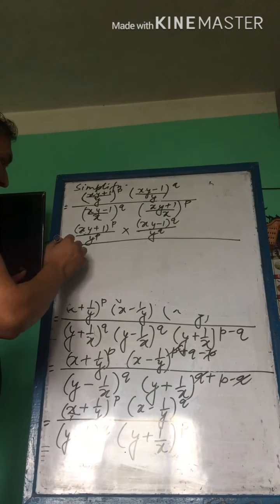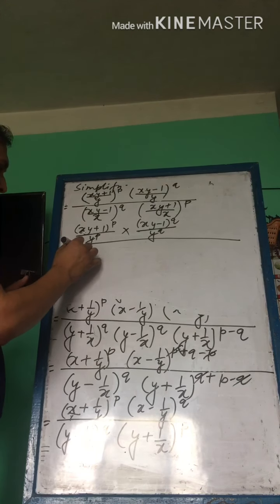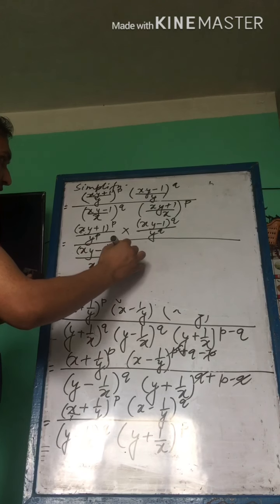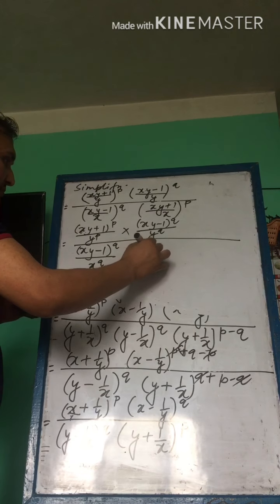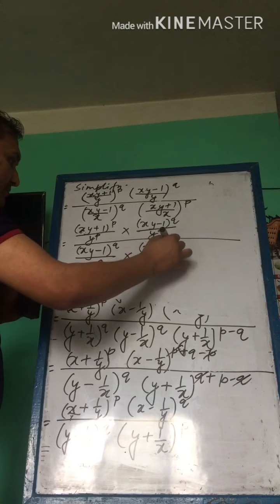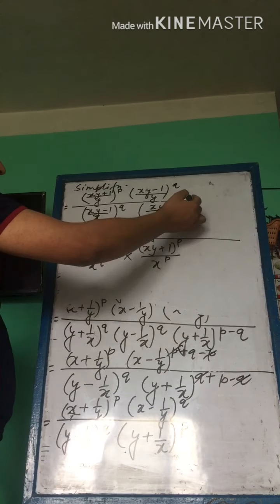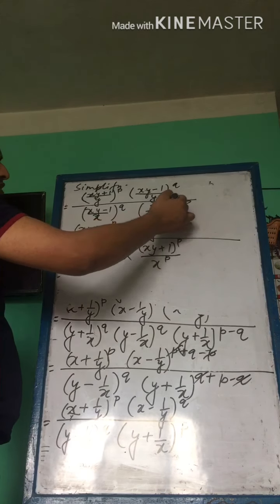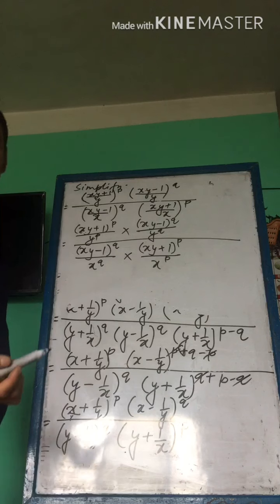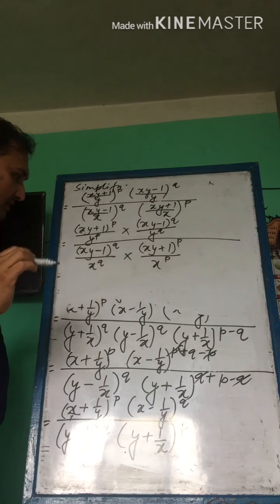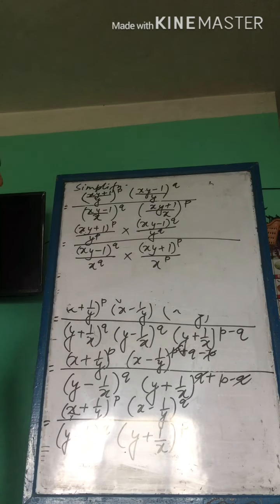Below also, xy minus 1 to the power q upon x to the power q, into xy plus 1 to the power p upon x to the power p. This whole power is a power for both the quantities, numerator and denominator. Here also the same. Just I have separated. Nothing I have done.